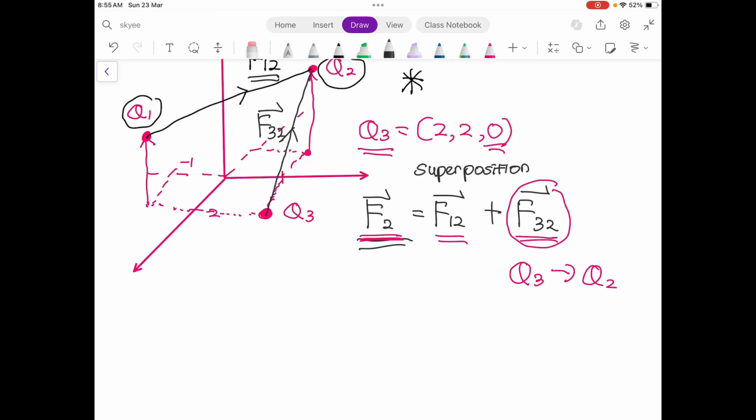Okay, concept to find the force acting on the Q2. So now, in order to apply this superposition principle, we need to find out what is the F32.